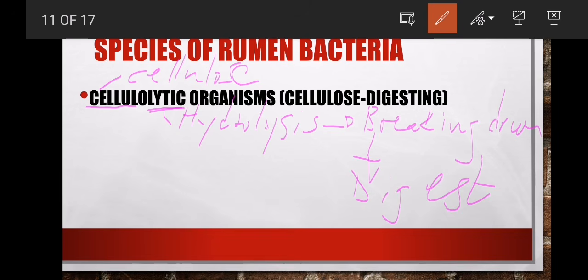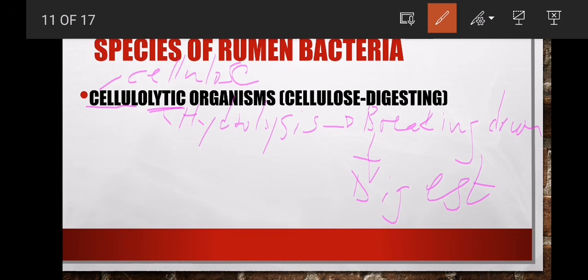Let's repeat it again. The word cellulo comes from cellulose. The word lytic, we can agree that it comes from hydrolysis. If we try to explain hydrolysis, when we scratch the surface, it means breaking down or digest.